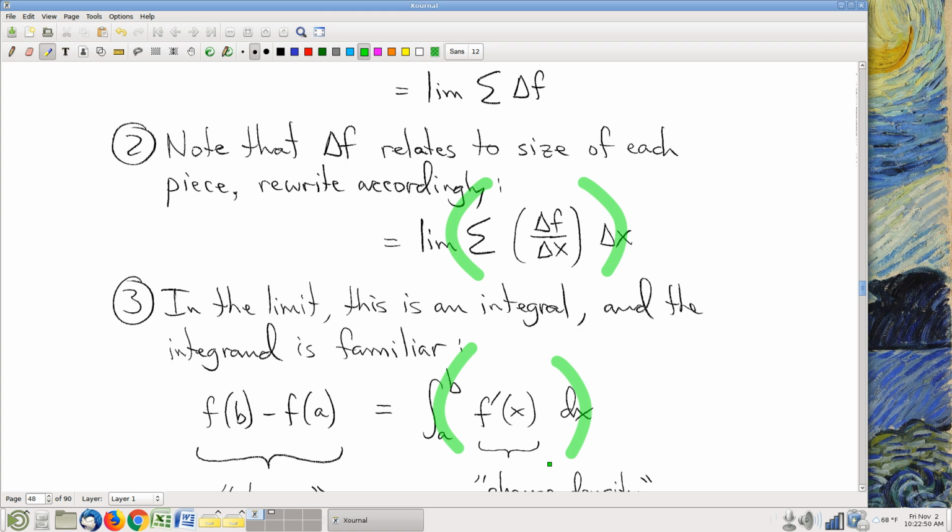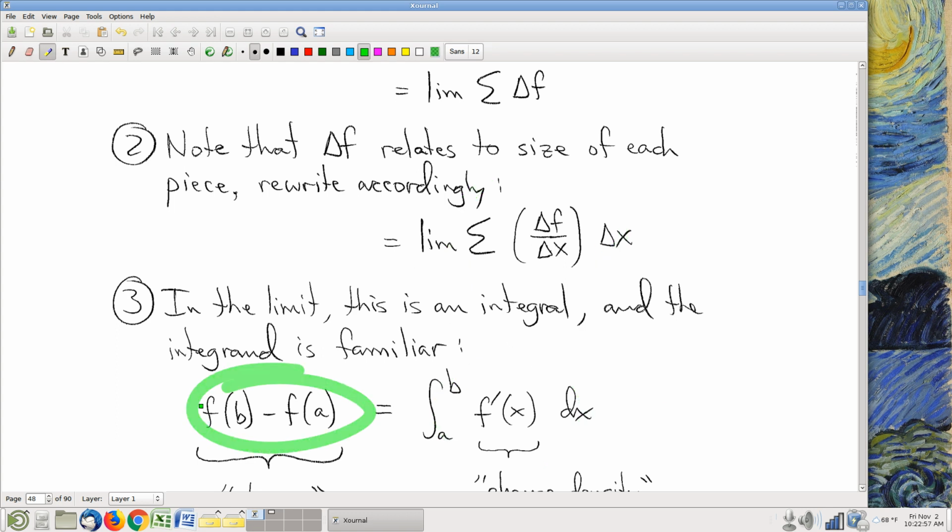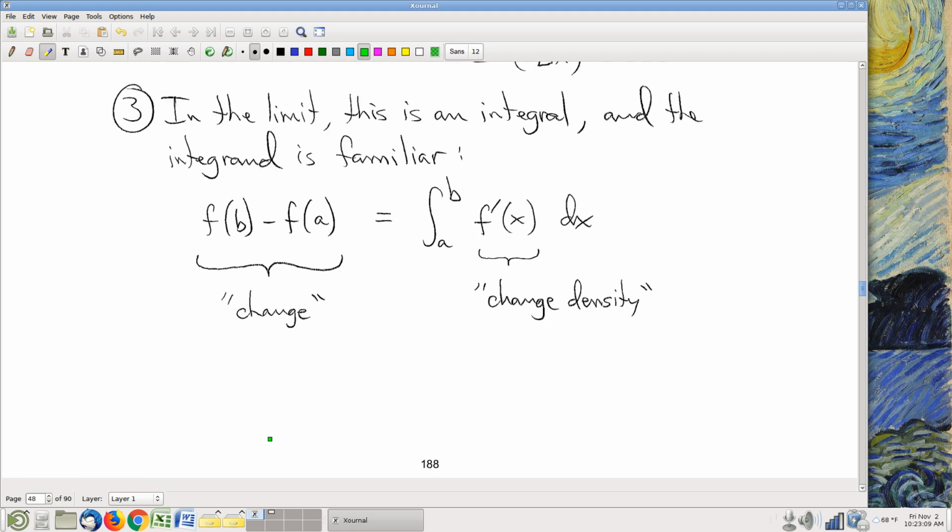Trust me, it works out to be fine in this case. There you go. We were computing change, and we viewed it as an accumulating quantity and pulled a little algebraic trickery. We ended up writing it as an integral.